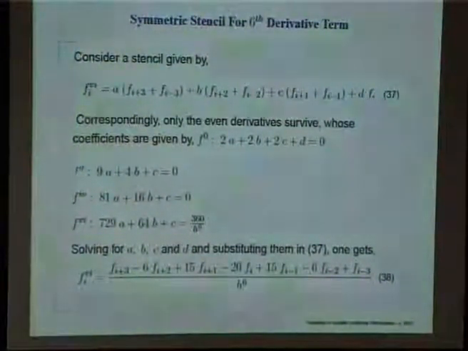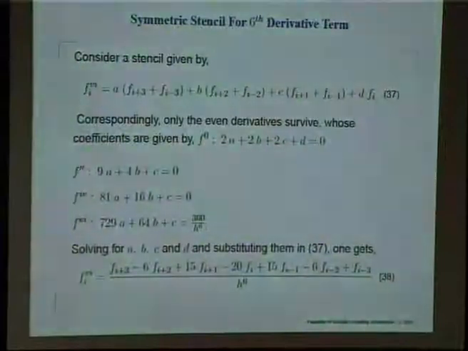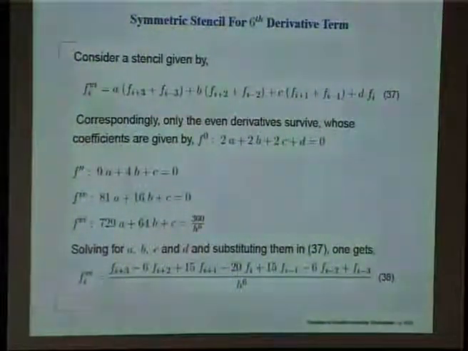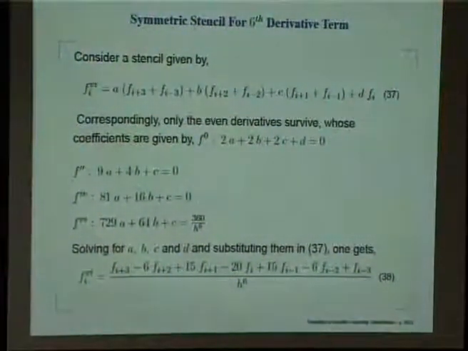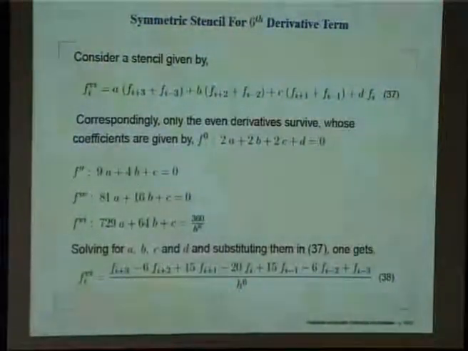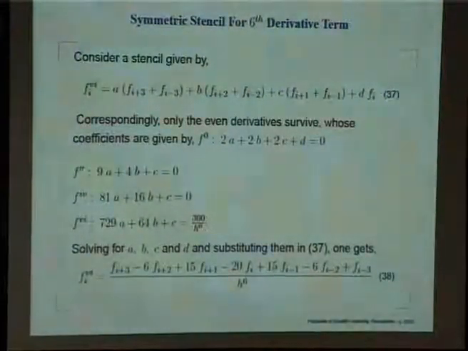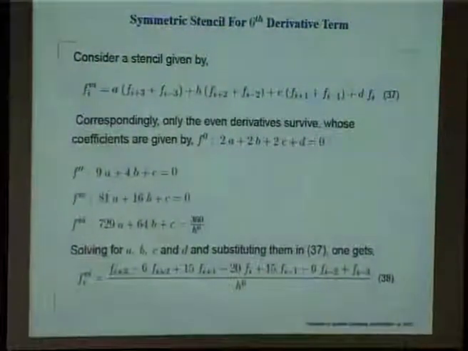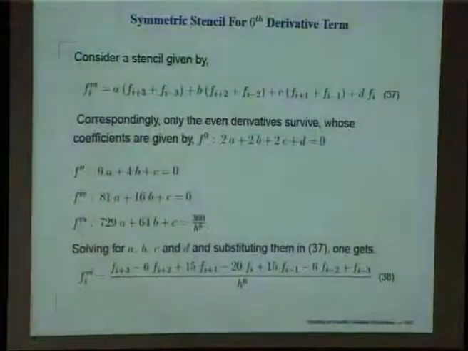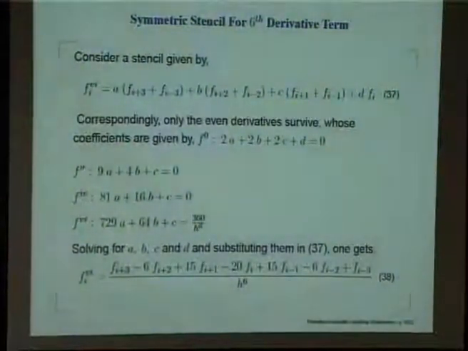Coefficients are the same. So, I cannot write 2 f I plus 3 plus 3 f I minus 3, that will not be symmetric, right. So, symmetry requires these coefficients to be the same, and that coefficient has been brought out here as a, b, c, etc.